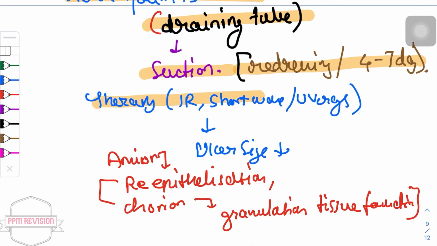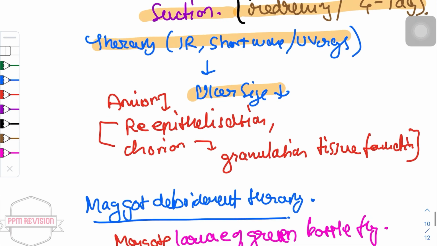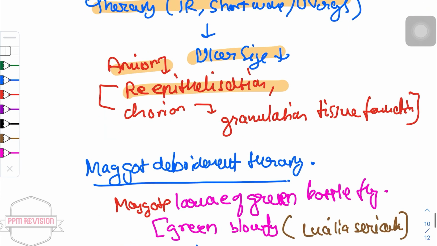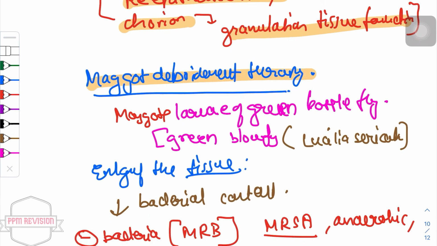Post this, there is also therapy which includes IR and shortwave or UV ray use, and by this the ulcer size decreases. There is also amnion, which is believed to help in reepithelialization, and the chorion helps in granulation tissue formation. Then there is maggot debridement therapy.